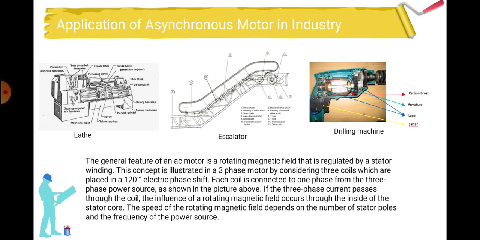As shown in the picture above, if the 3-phase current passes through the coils, the influence is that a rotating magnetic field occurs inside the stator core. The speed of the rotating magnetic field depends on the number of stator poles and the frequency of the power source.